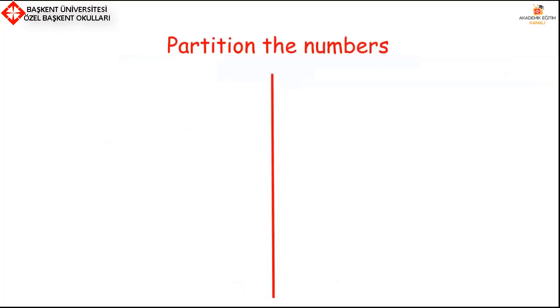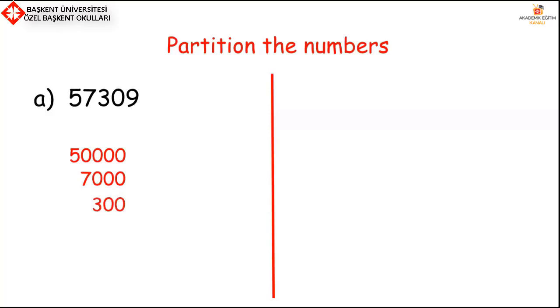We can actually still do the same thing by partitioning the numbers, exactly the same. So look at this number, 57,309. The 5 is 50,000. The 7 is 7,000. The 3 is 300. The 0 is 0. And the 9 is 9 units.